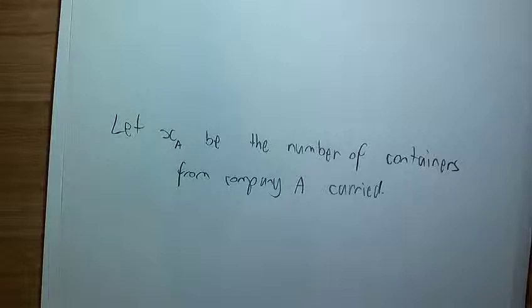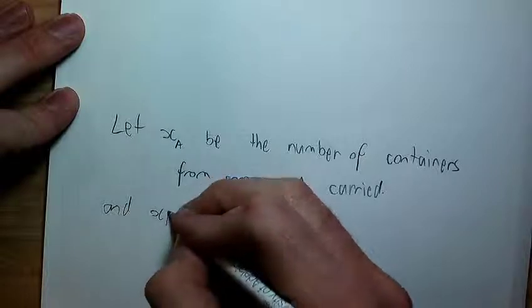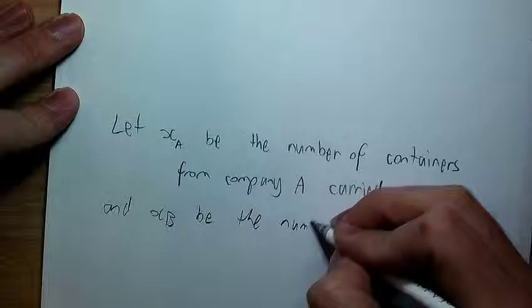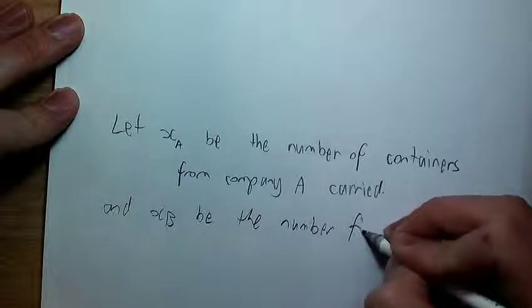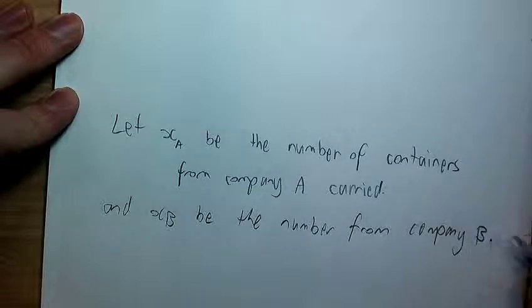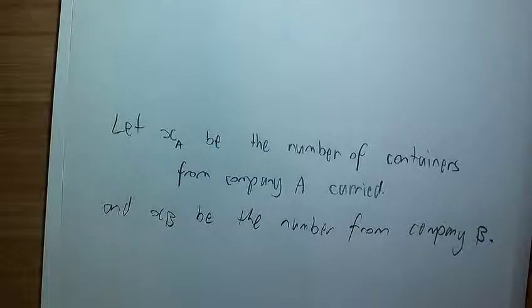And that's not just because you want to please the people who are marking it, it's also because you want to know for yourself that XA really is a number and what number it is. And XB be the number from company B. It's okay to be less precise for the second one because that's just good writing.